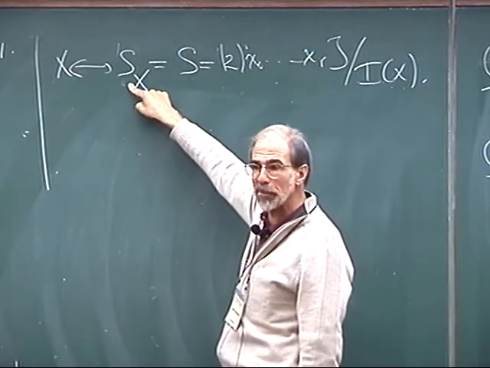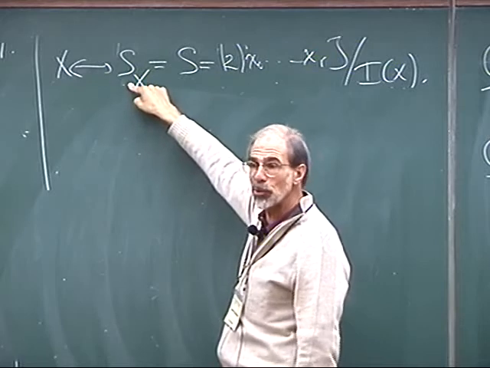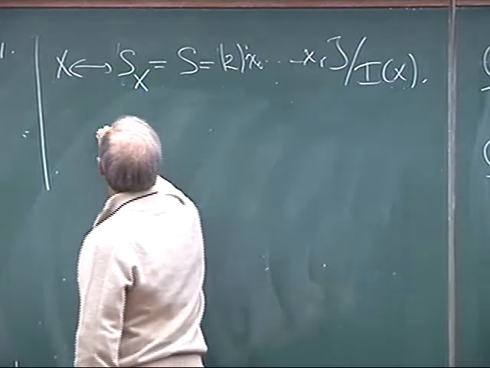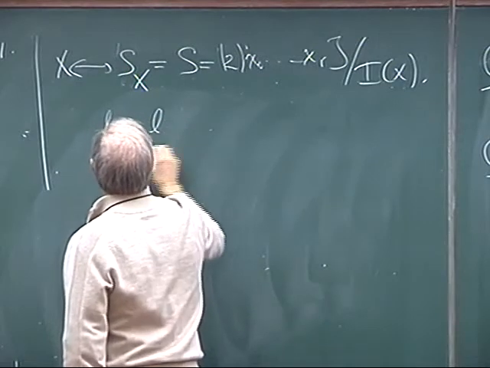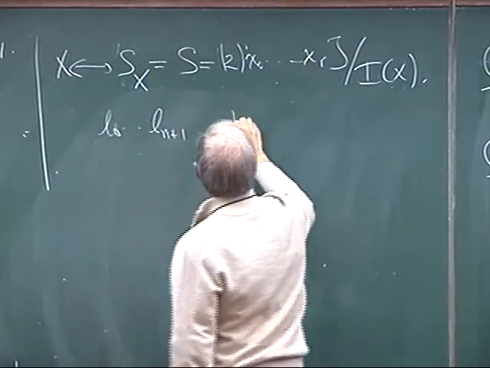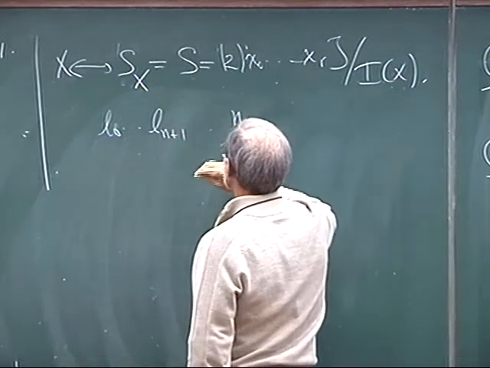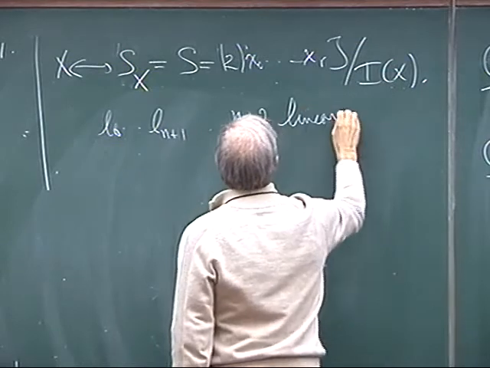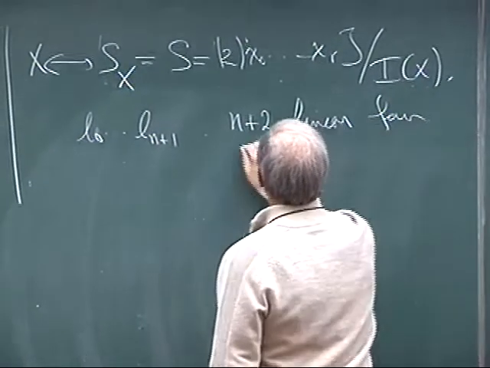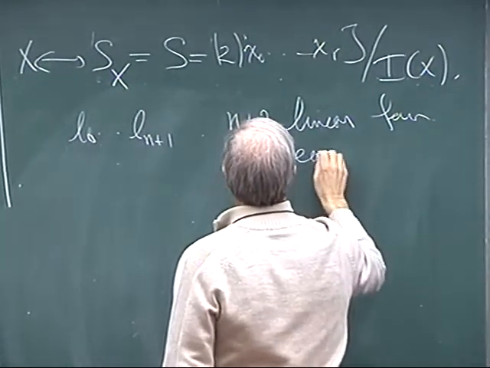That's a system of parameters. I want to take n+2 linear forms. So let's take L_0 up to L_(n+1). But remember, this is one more than the dimension of S_X, n+2 linear forms, general ones.